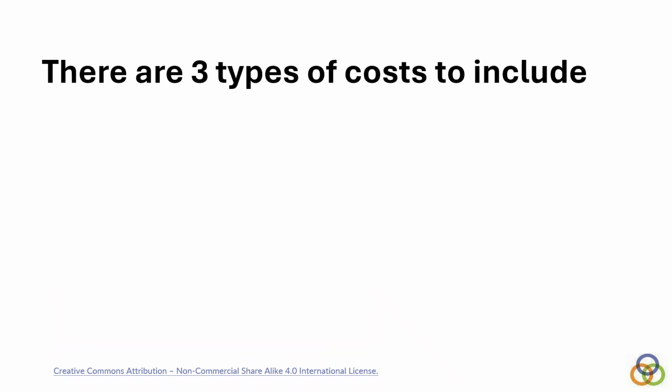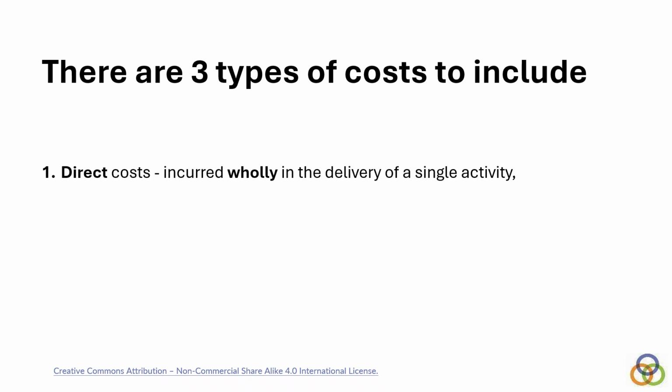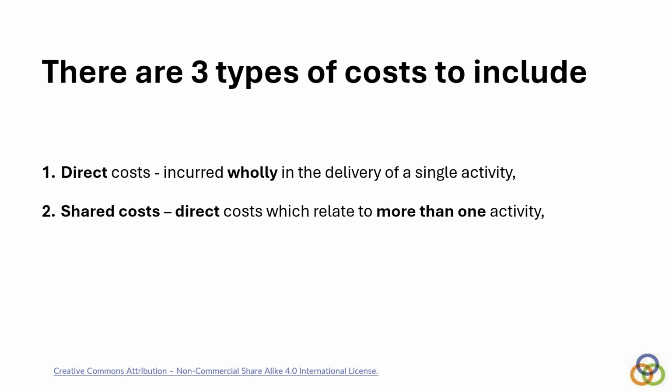Now, there are 3 types of costs we need to include when we are costing up our projects for our fundraising bids. You've got to get the direct costs. Those are the costs that are wholly incurred in the delivery of a single activity. You've got to get a fair share of shared costs. They are also direct costs and they relate to more than one activity.